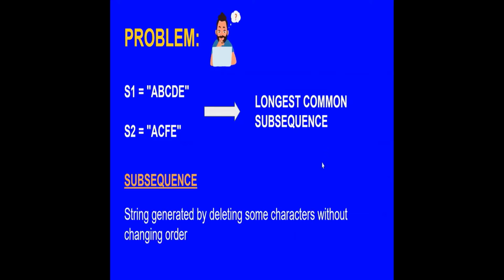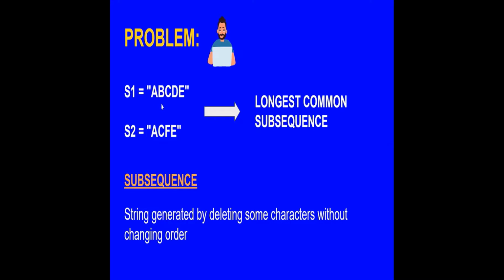A subsequence is a string which is generated by deleting some characters from the string without changing the order. Let's take an example of a string S1, which is A, B, C, D, E. Now, if we delete the character C, then A, B, D, E is a subsequence of the string S1.